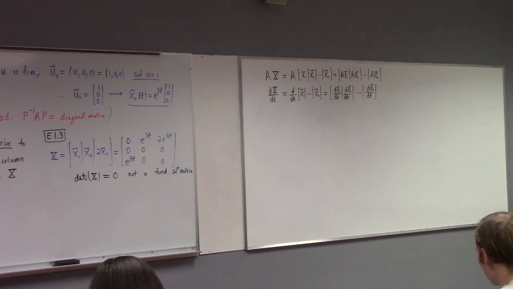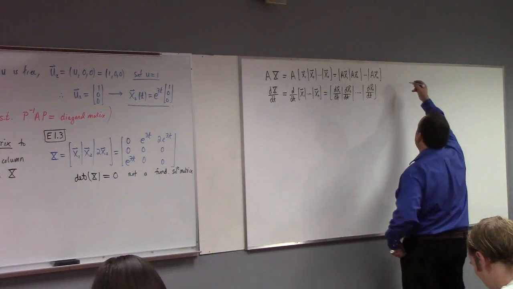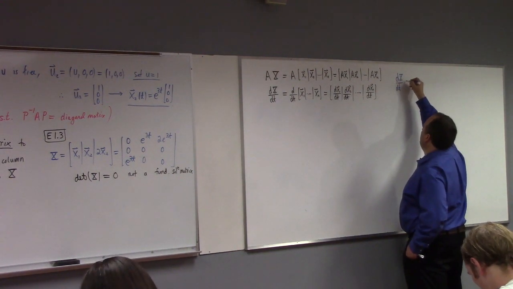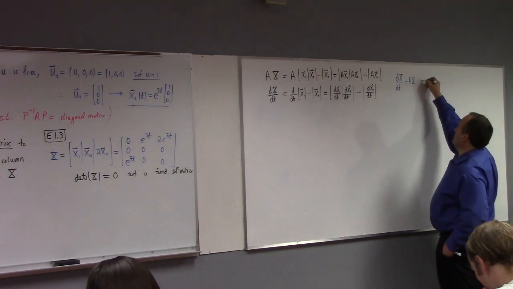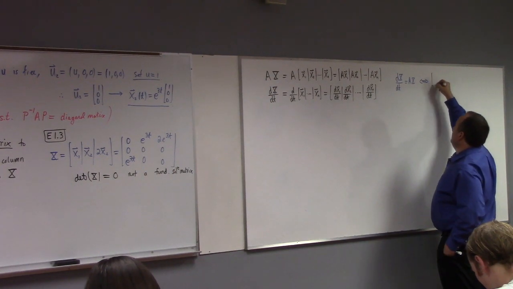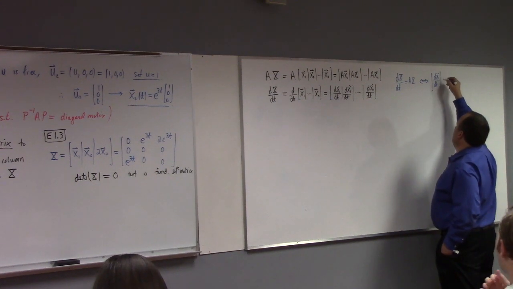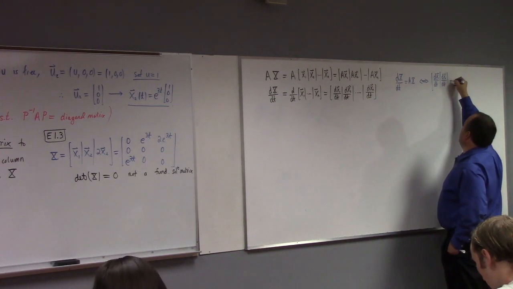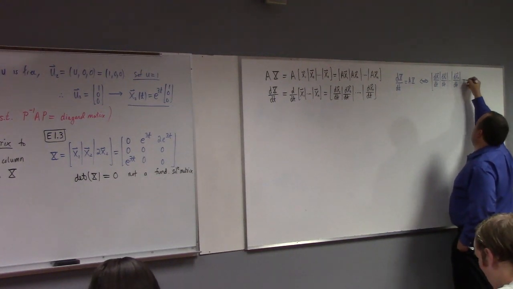Now, lest you think I'm just telling you fun linear algebra for no particular reason, there is actually a reason here. Check this out. If I write dx/dt equals Ax, this is equivalent to the matrix dx1/dt, dx2/dt, until dxn/dt equals, what was Ax?